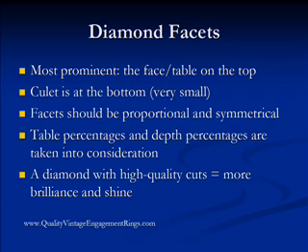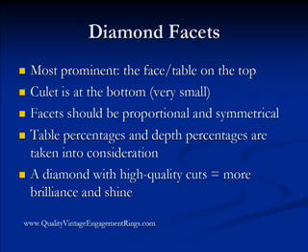And then there is what is called the culet, and that's at the very bottom. It's a very, very small cut at the tip of the diamond, and usually the small facet down there at the bottom is to help prevent any chipping or cracking in the stone. It's more of a practical type of facet than a facet for looks and beauty.